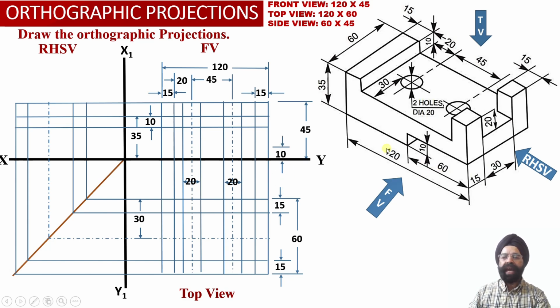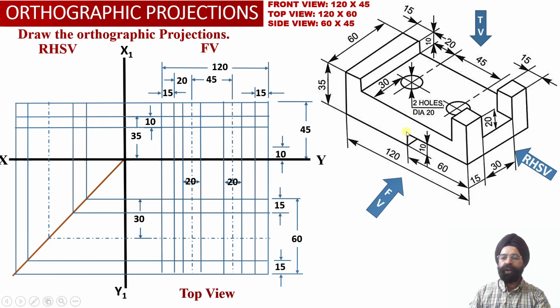Another thing we know is that in this horizontal web, we have a rectangular slot which has a height equal to 10 millimeter, width equal to 60 millimeter, and depth equal to 60 millimeter, which has been cut at the base of the solid on the right hand side portion of the solid.